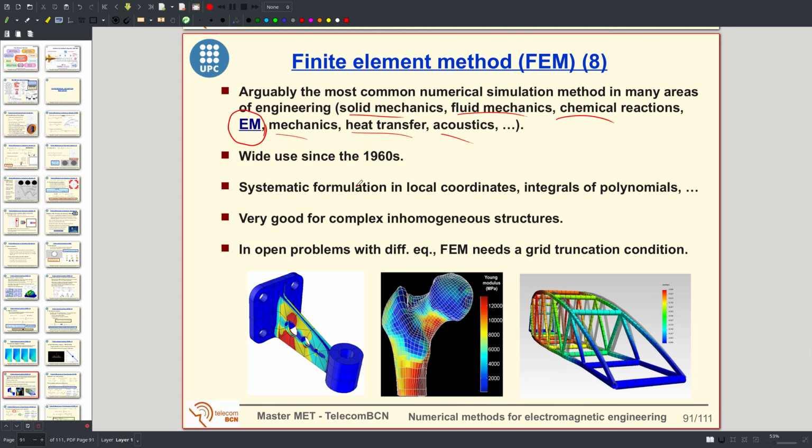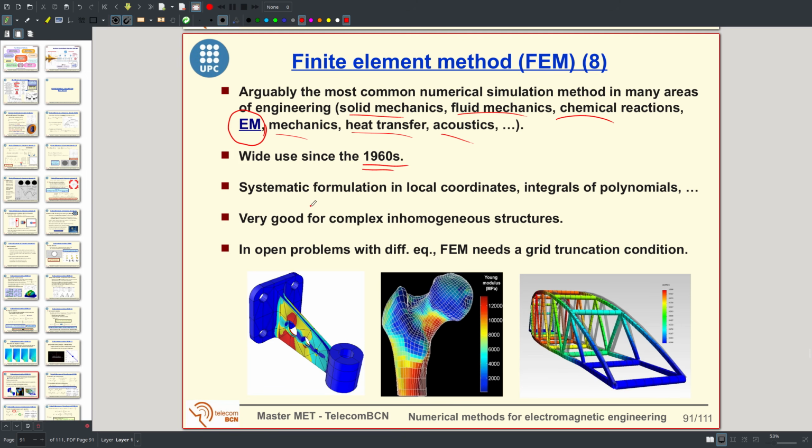It was developed in the 60s, and in fact at our university, UPC, we have the Center for Numerical Methods in Engineering, which is one of the best centers in the world dedicated to finite element methods in different topics in engineering.